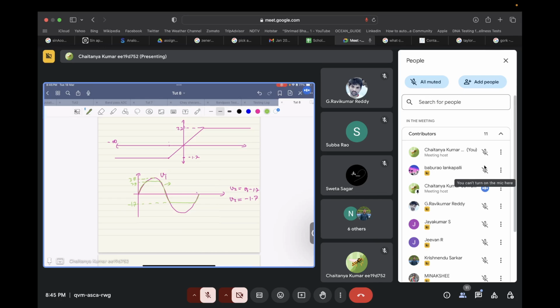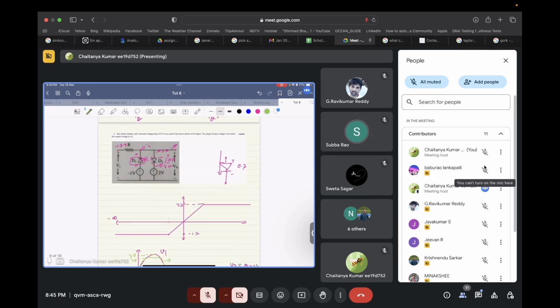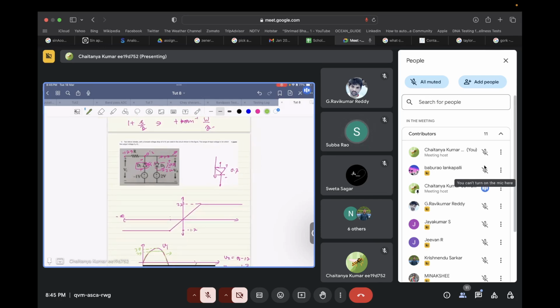Is this clear? Please explain again, sir, this waveform. Okay, so I said my input is a sinusoid of amplitude 3 volts. It will oscillate between minus 3 volt and plus 3 volt, correct?